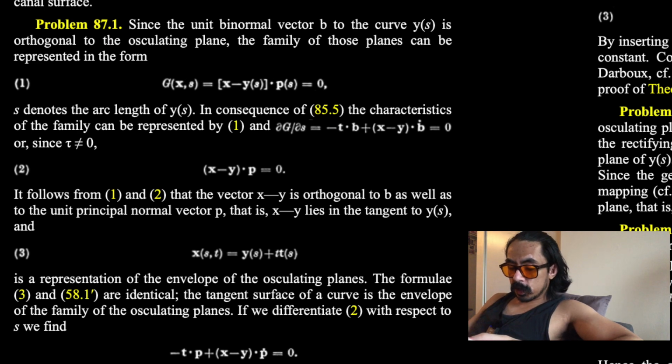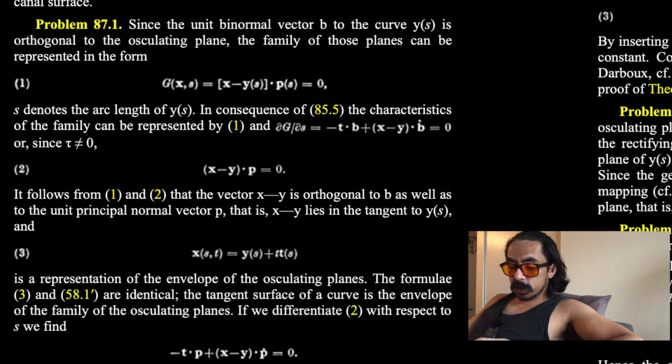It follows from this, as well as from G = 0, that the vector x − y is orthogonal to the binormal b as well as to the unit principal normal vector p, that is, x − y lies in the tangent to y(s), and x(s, t) = y(s) + t·t(s). This is a representation of the envelope of the osculating planes.